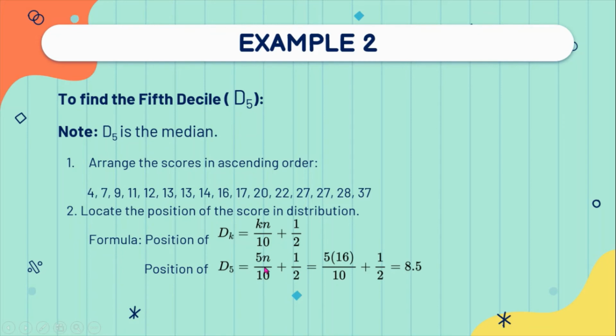Our k here is equal to 5 since we are looking for the fifth decile. So D sub 5 is equal to 5n over 10 plus 1/2, and our n here is 16. So that is 5 times 16 over 10 plus 1/2, that is 8.5. And last step, interpolate the value.